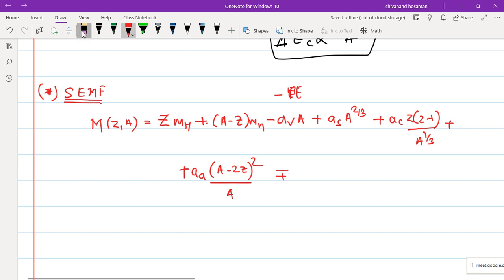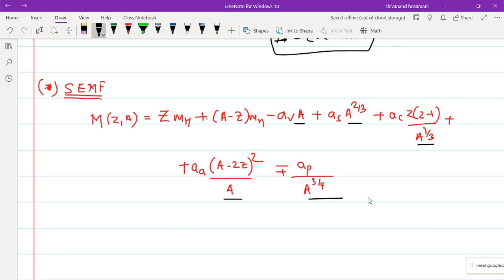So if I rewrite the binding energy properly, then the minus will be multiplied inside. Then I get minus plus AP, that is the binding energy term, right? It is A to the power of minus 3 by 4. Remember all individual terms. They may ask how the volume energy depends, how the surface energy depends, how the Coulombian energy, the asymmetric energy and the pairing energy depend.